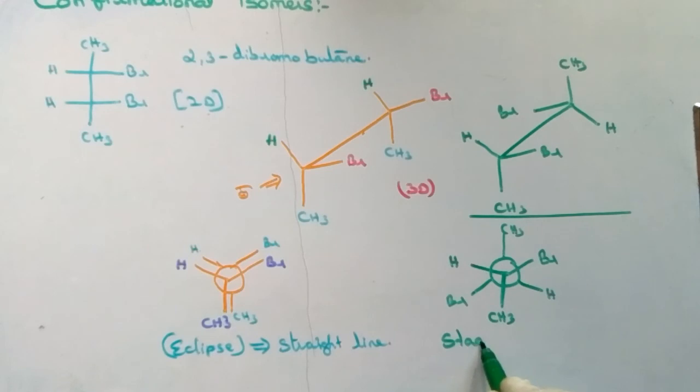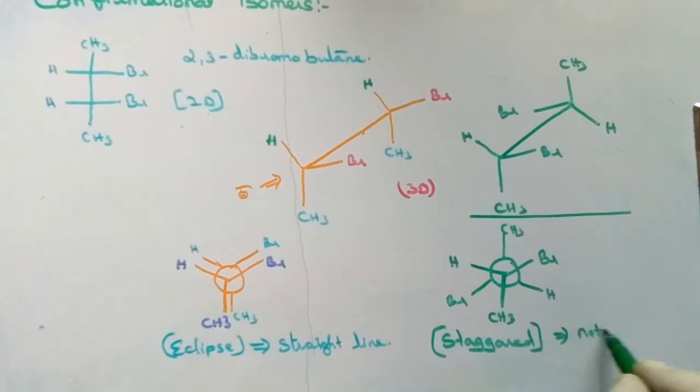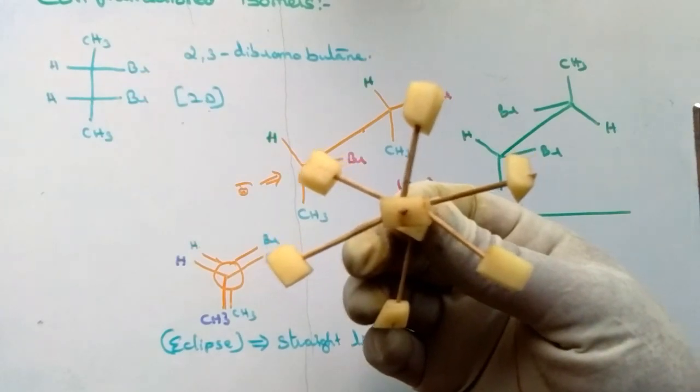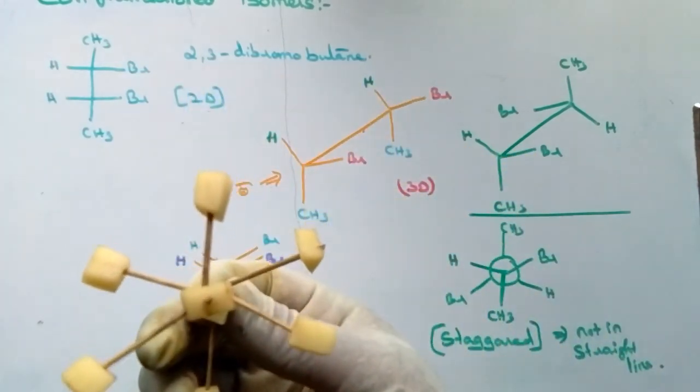Here the groups are not in a straight line, so this type of isomers are called staggered form conformational isomers, because the groups are not in a straight line. So in 3-dimensional, it will look like this.